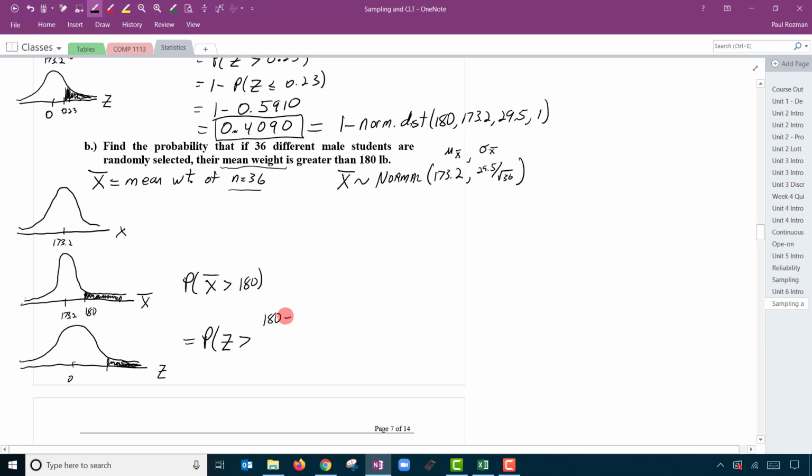That's 180 minus 173.2 over sigma, which is 29.5, and the square root of n, which in this case we took a sample of 36. So in this case we're doing Z greater than 1.38. And I hadn't drawn it on my picture yet because I didn't know what it was.